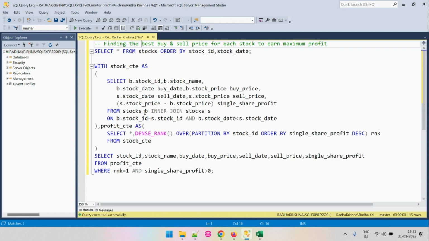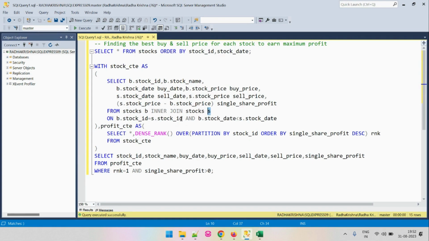First of all, we have created two copies of this same table. We call this a self join. Whenever the same table is used on the left and right side, it is called a self join. We have given the alias B for the left table, which represents the buy table. On the right, we have given the alias S, which represents the sell table.